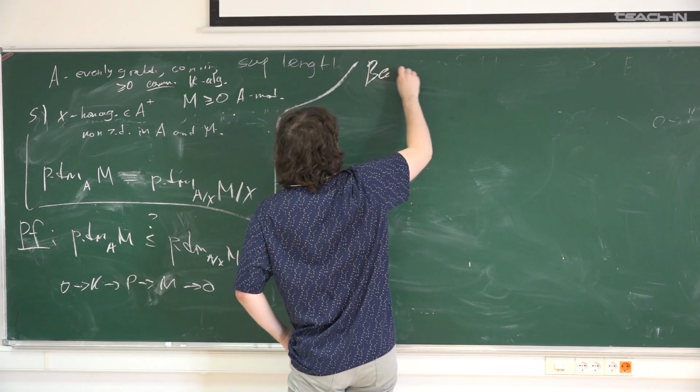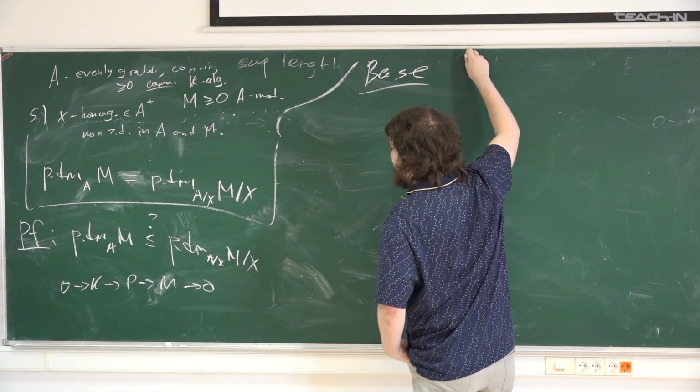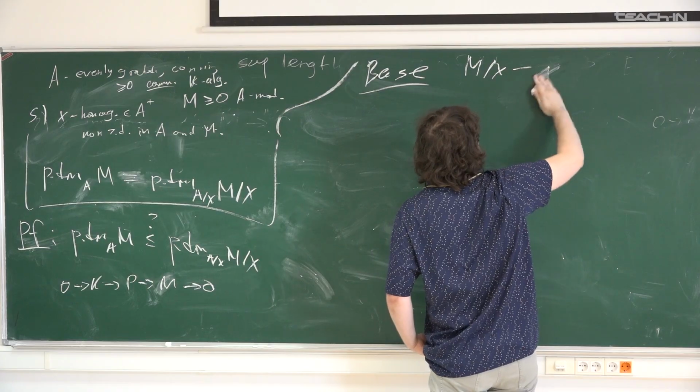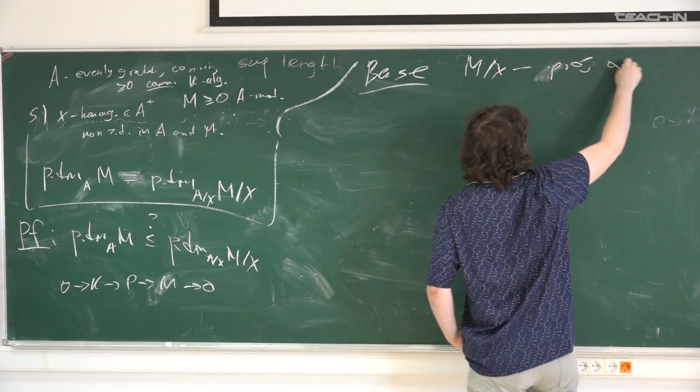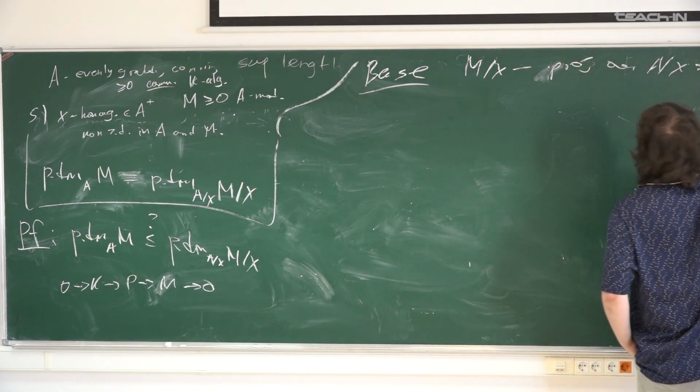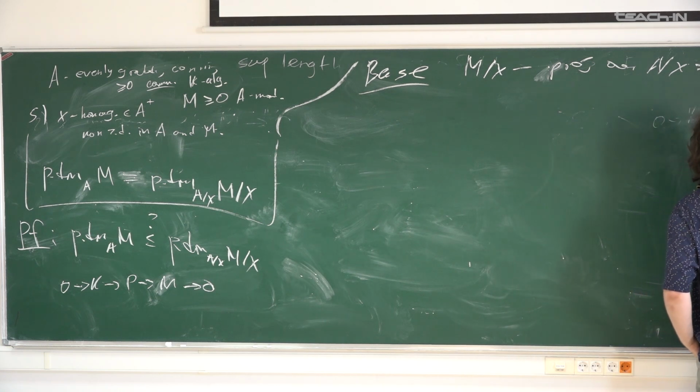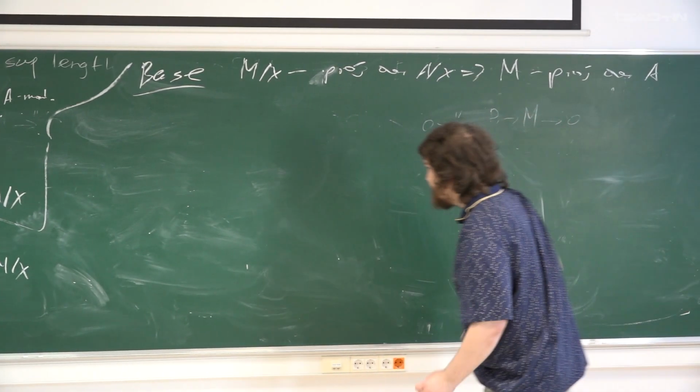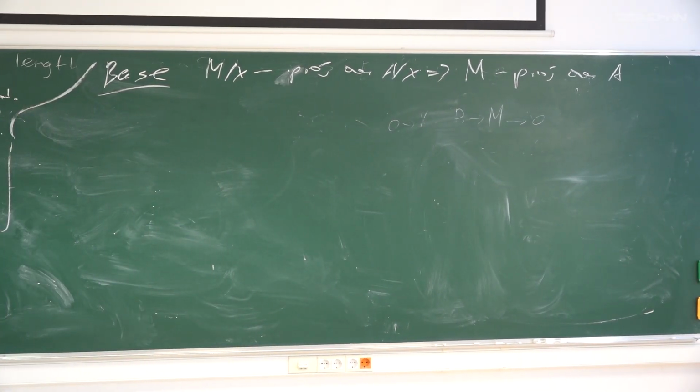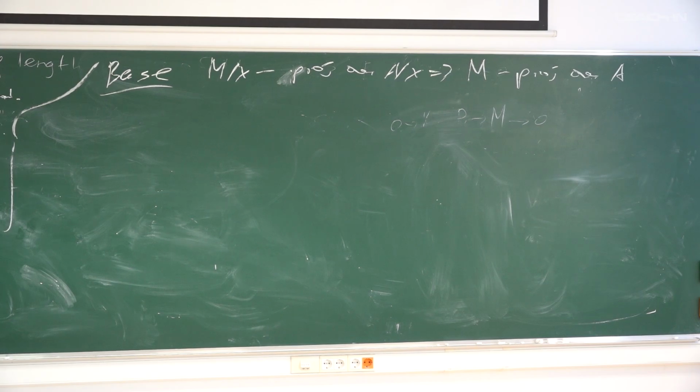So the base is that if M modulo X is projective over A modulo X, then M is projective over A. Again, the opposite implication is always true, but here is the non-trivial implication. This is not always true, but it's true under our assumptions.